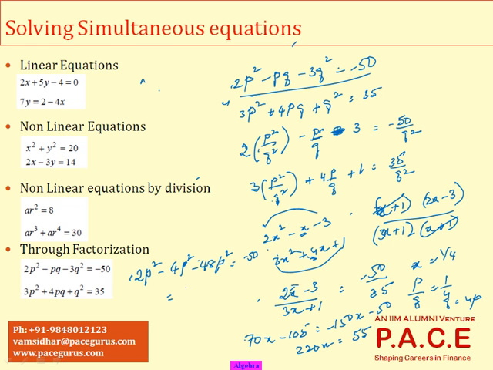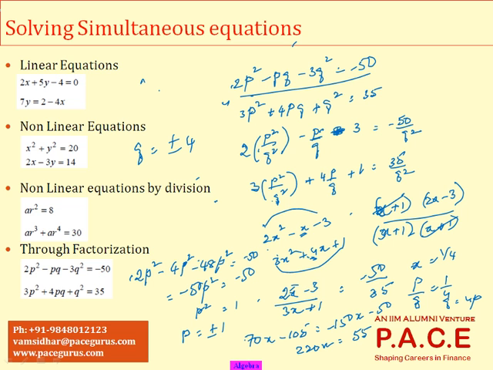This works out to minus 50p squared equal to minus 50. So p squared equal to 1, and p equals plus or minus 1. If p equals plus or minus 1, q will be plus or minus 4. So if p equals 1, q equals 4; if p equals minus 1, q equals minus 4. As simple as that. Now I am getting all my answers.